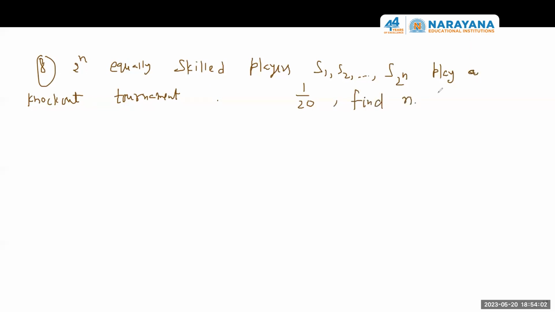Repeat the last line: if S2 has reached the semi-finals, then the probability that S1 will win the tournament is 1 by 20. Got it? I have spoken 5 times, very slowly and very carefully.